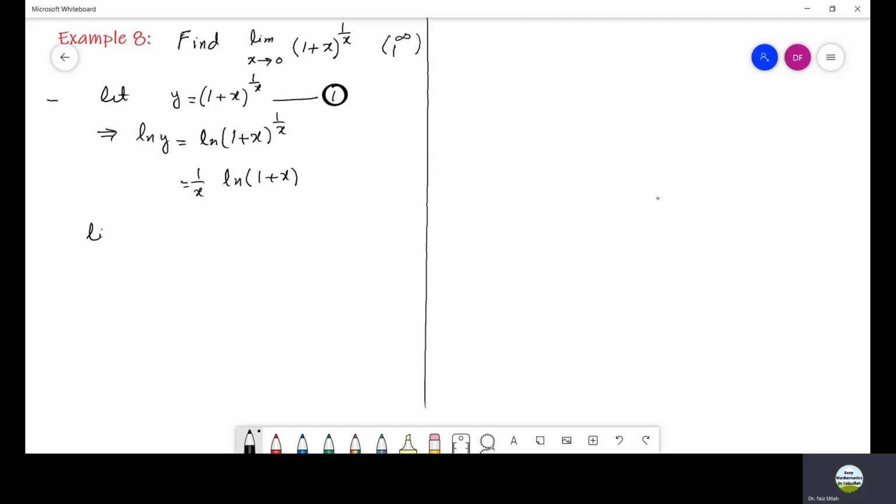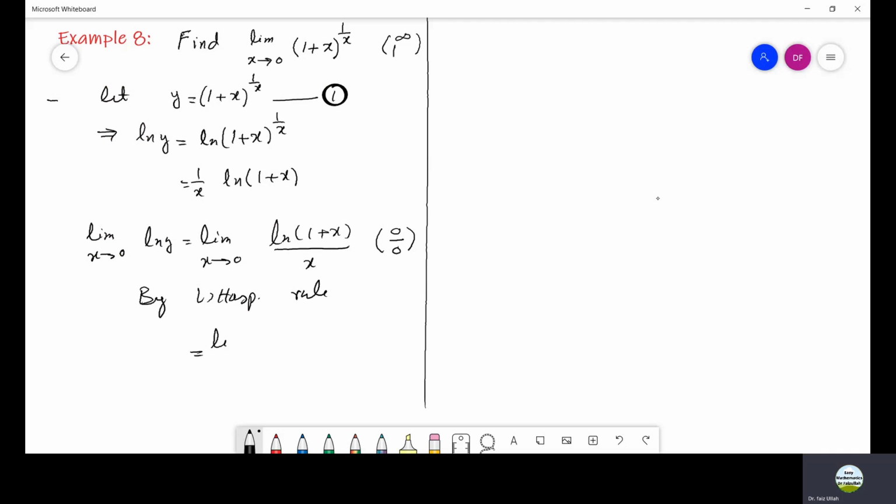And now let us take limits on both sides. So we have log y is equal to limit x approaches to 0 log of 1 plus x divided by x. And now if we plug in x is equal to 0, we get 0 by 0 form. So we can use the L'Hopital rule. So according to the L'Hopital rule, we can write limit x approaches to 0.